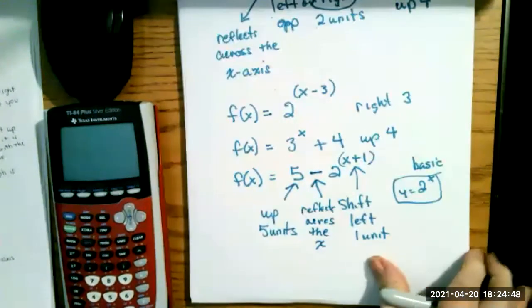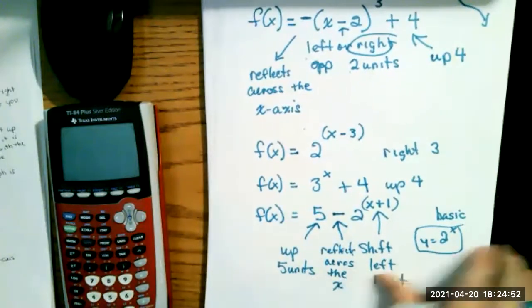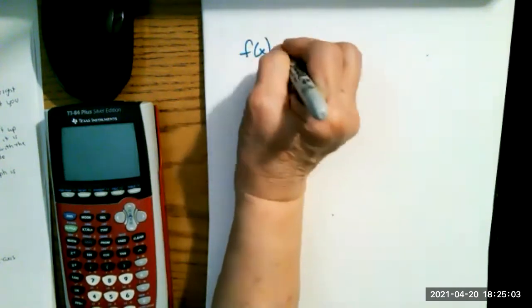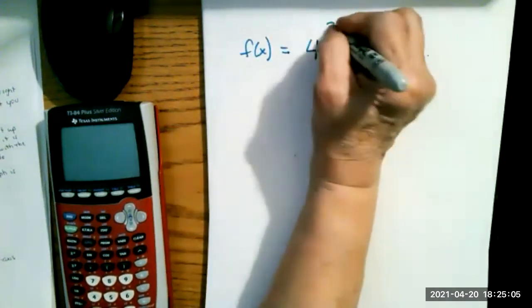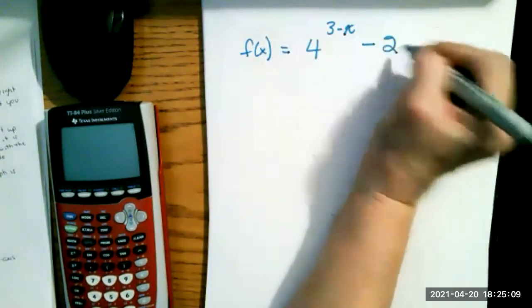Okay, let's do one more that's more complicated and see if we can do it. What if we had f of x equals 4 to the (3 minus x) minus 2?